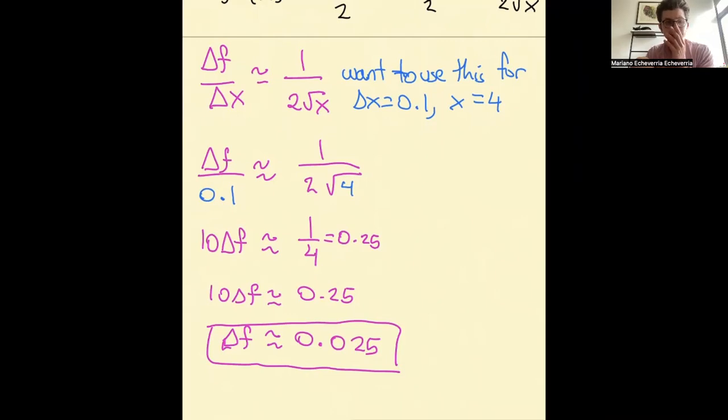Let me see where the issue could be. So far I have it. Is this okay so far? I'm just changing this to this. Is this one clear?